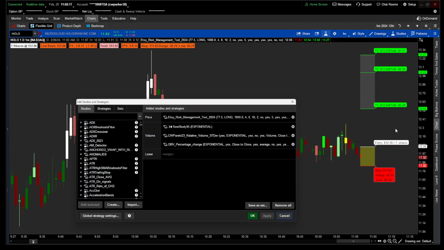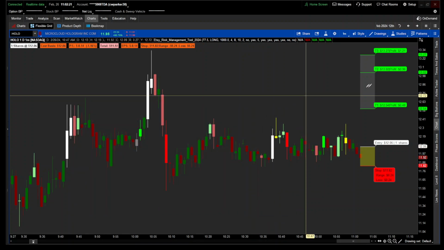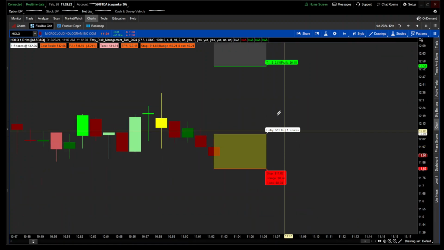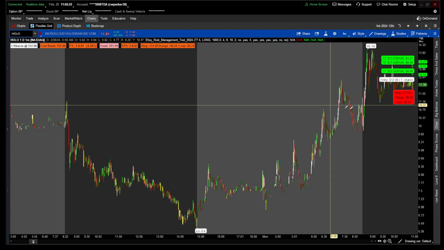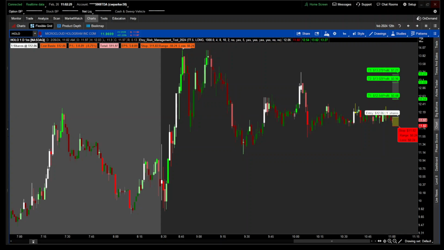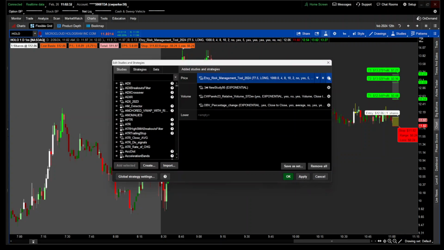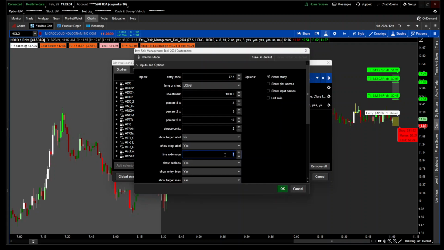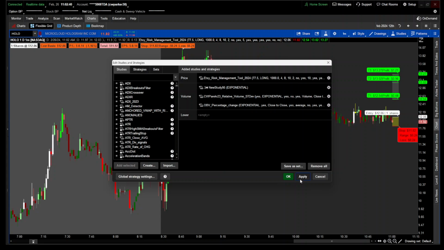Oh, they actually flipped. That was unexpected, but you see how the bubbles are covering price now. So that's what I was trying to show you, but I guess because I had it zoomed in the way I did. But I'm going to go back to 10, and it's going to extend it 10 bars in the future.